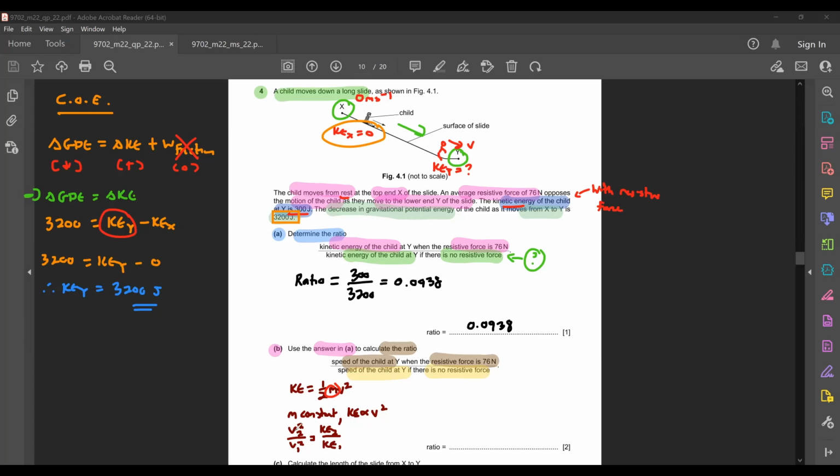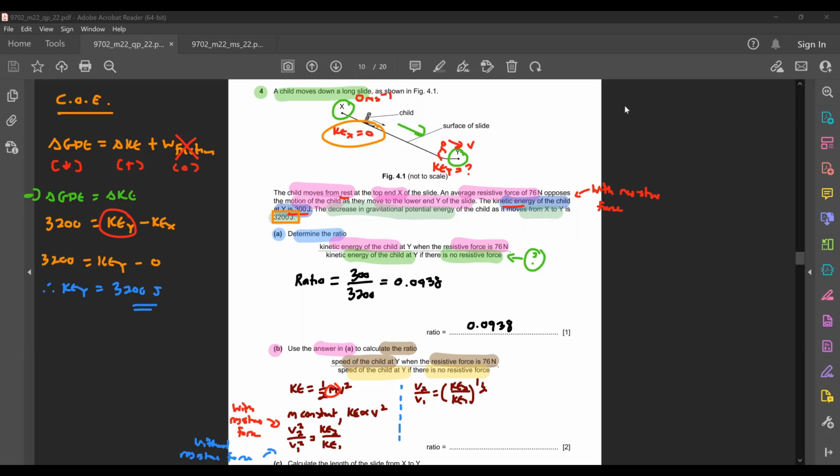Let's consider case V2 as the one with resistive force, and case V1 below as the one without resistive force. So the ratio of the speeds with resistive force to without is V2 to V1 equals the square root of KE2 to KE1.